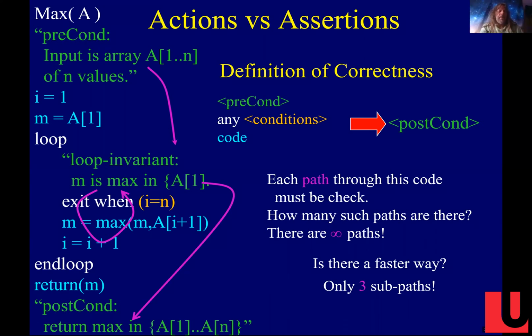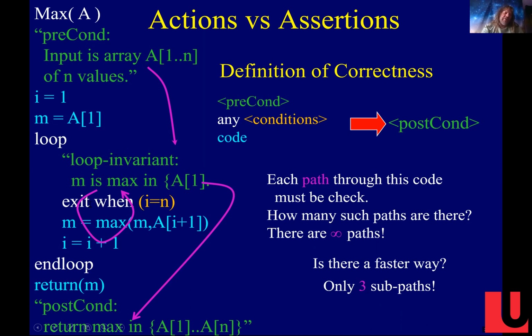Yeah. Okay. So my loop is this, and I stuck the loop invariant very carefully at the top of the loop. Now you might ask about this exit, but the reason I have the exit after here is because I want the path from the loop invariant. I have 2 paths.